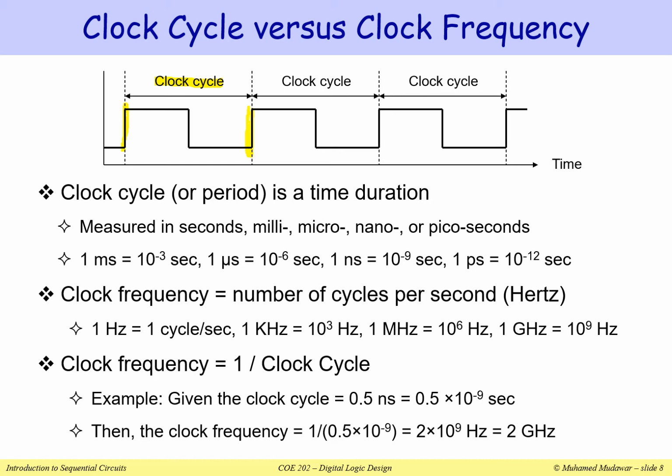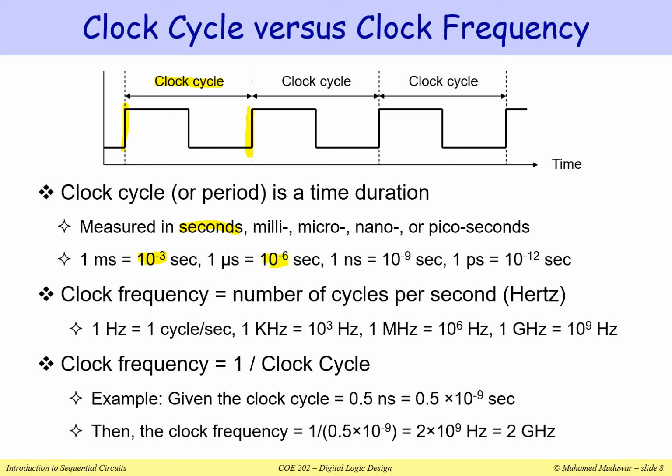Now the clock cycle is just time, and we can measure the clock cycle in seconds, milliseconds, microseconds, nanoseconds, or even picoseconds if the clock cycle is very short. These are important metrics, and of course you should remember what these units are. For example, the millisecond is 1 over 1,000 of a second.